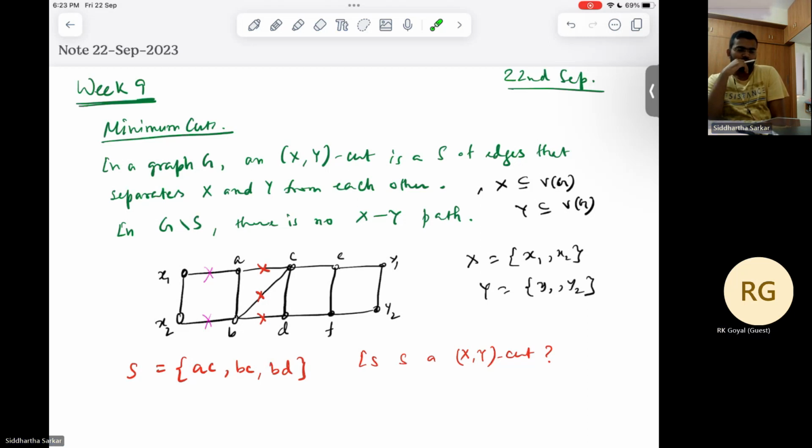So the max flow is equal to the number of disjoint paths. In that case, you have a source vertex and a target vertex, and on every edge you have some capacity, and you want to send the maximum flow from the source to the target such that the capacity constraints are satisfied. That means you do not send more flow along an edge than its capacity.